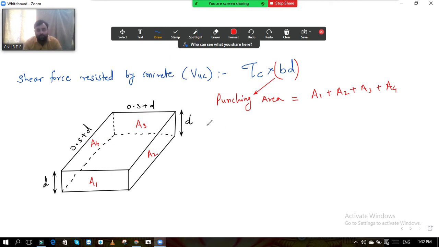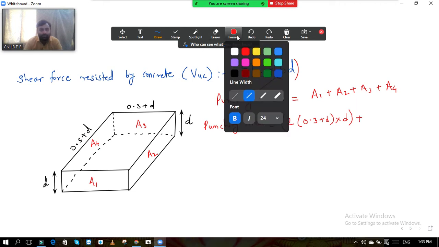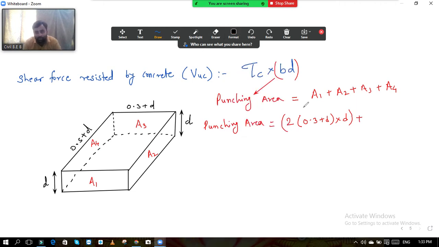So here, what is our punching area? That punching area will be 2 into (0.3 plus d) into d. This is for A1 and A3. Here I will write that also: A1 and A3 are covered over here. What about the next two, A2 and A4?